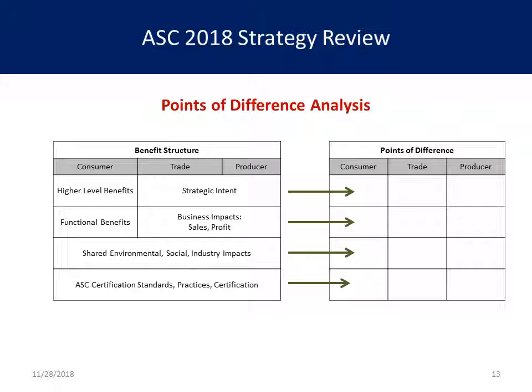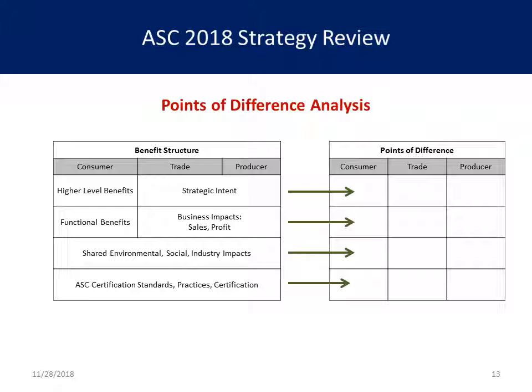Not only do we have to provide meaningful benefits at two levels to our targeted customers and trade partners, we have to be able to articulate to them which ones we do differently, or better, or cheaper, or easier. So we have to provide benefits in a way that is different from the alternatives to us, which could be alternative programs or competitive programs.